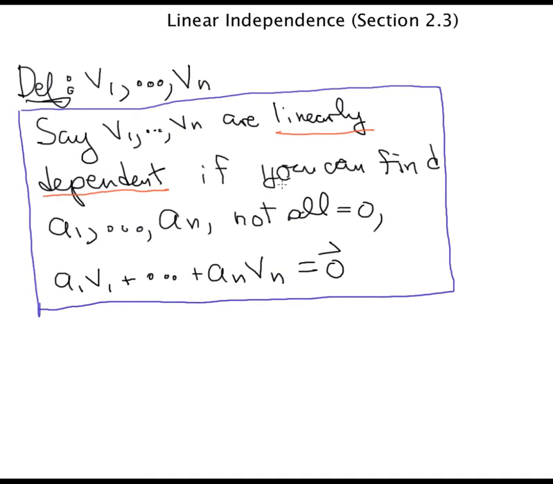So to make it an interesting condition, something reasonable, you ask that you can find such a linear combination where not all of the coefficients are 0. And that makes them linearly dependent. And if this doesn't hold, we say that these vectors are linearly independent.